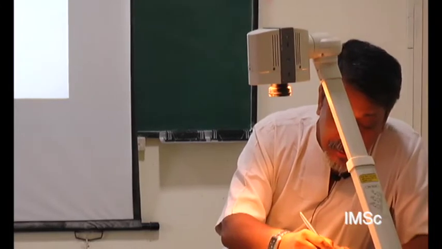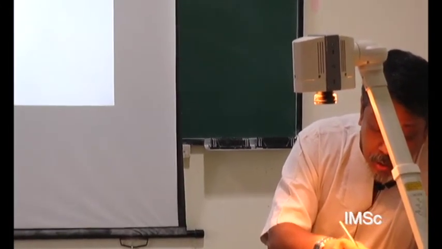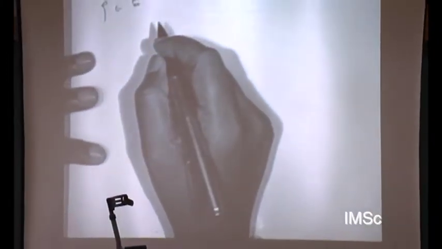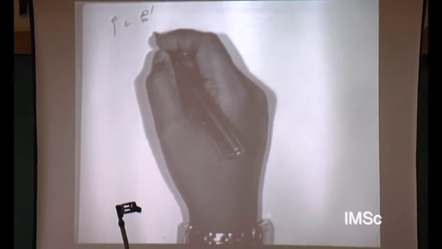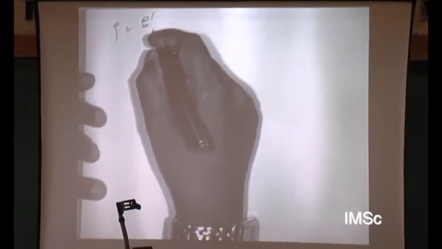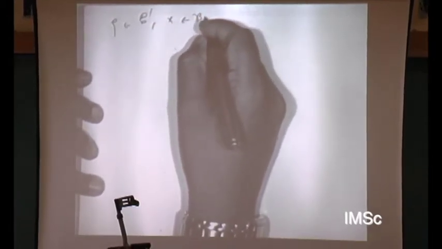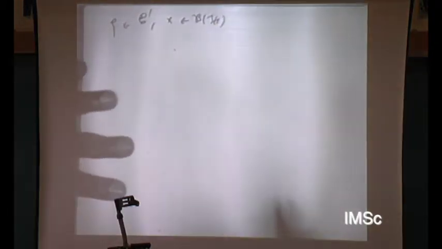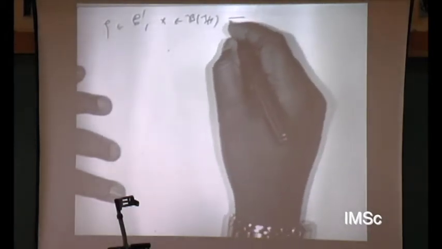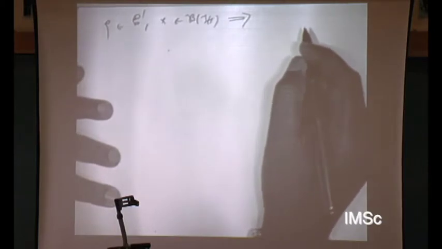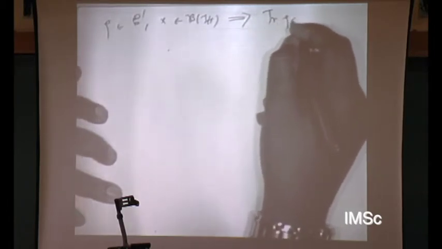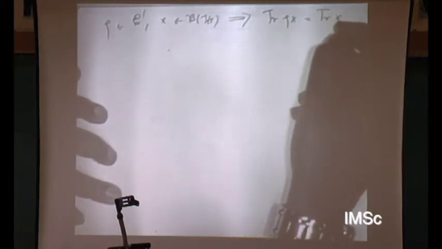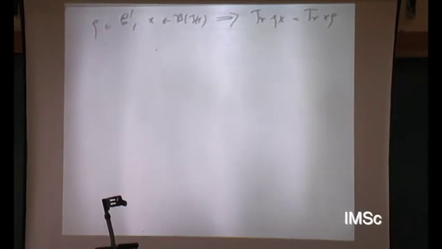If rho is of trace class, so I introduced this notation, C1 is the trace class operators, and we saw that this was a two-sided ideal, the star closed two-sided ideal, and if X is in B(H), then both rho X and X rho are in the trace class, so it makes sense to talk about their trace, and we showed that trace of rho X was equal to trace of X rho.